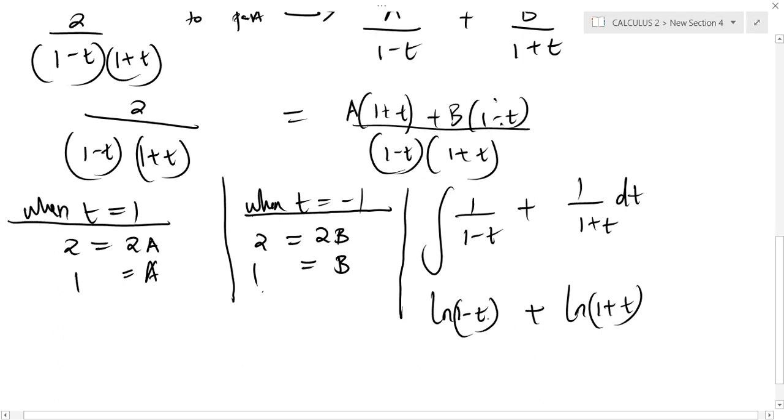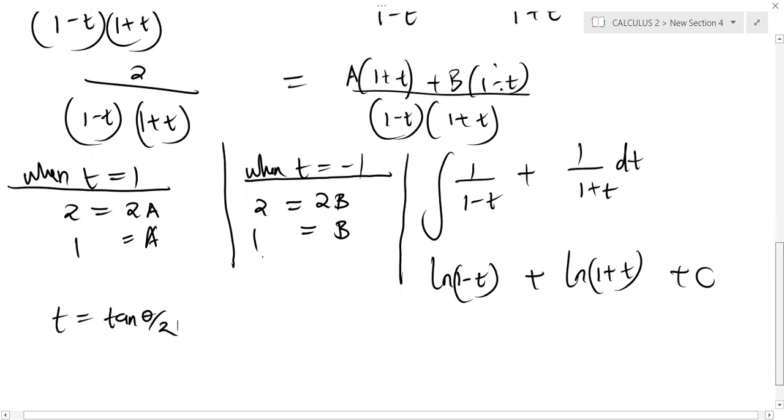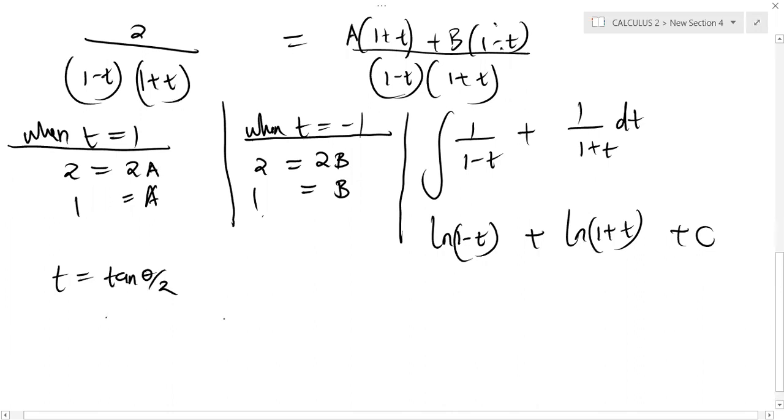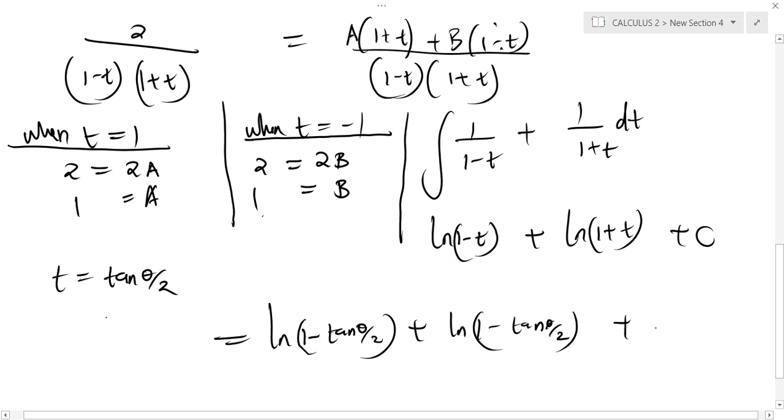Now remember, we need to transform this back into theta. The substitution was T is equal to tan theta over 2. So where there's T, we put tan theta over 2, such that our final answer will be equal to ln 1 minus tan theta over 2 plus ln 1 plus tan theta over 2 plus C. And this gives us our answer.